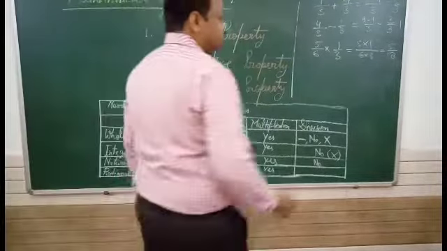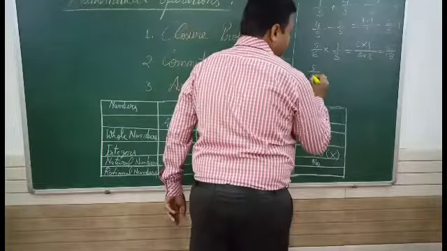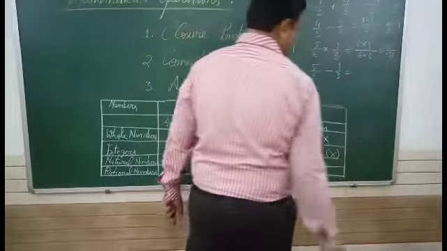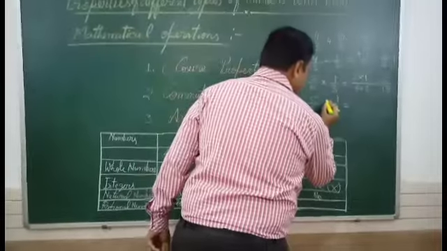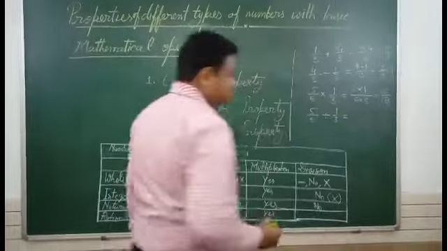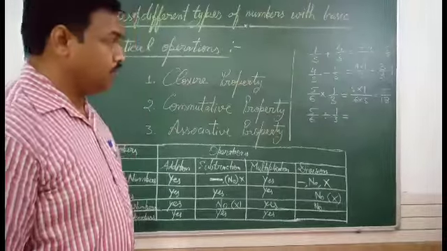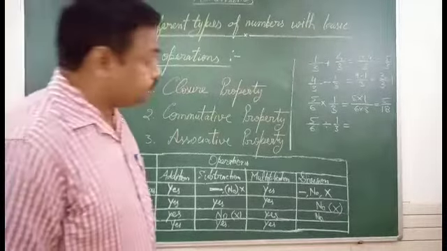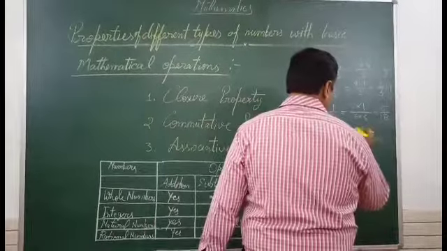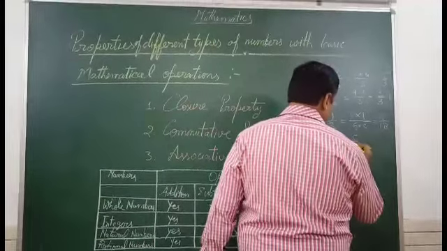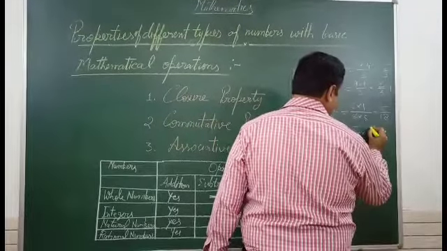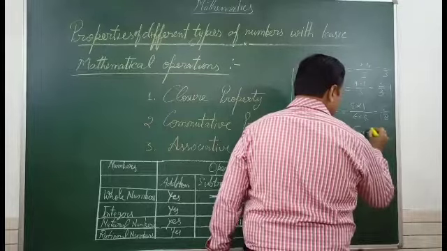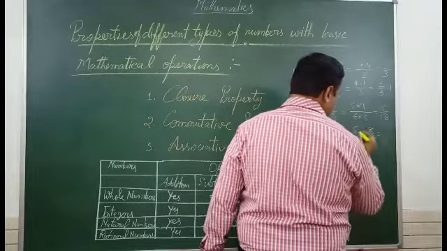Now in the case of division, 5 upon 6, when you divide it by 1 upon 3, you can write this as 3 upon 1 also, and multiply.